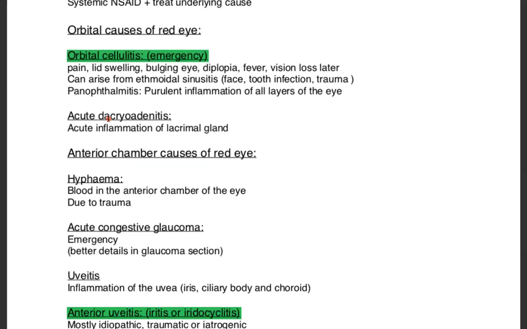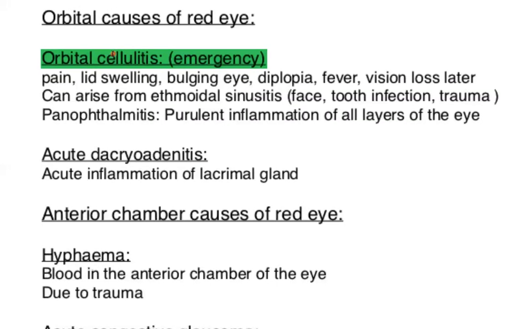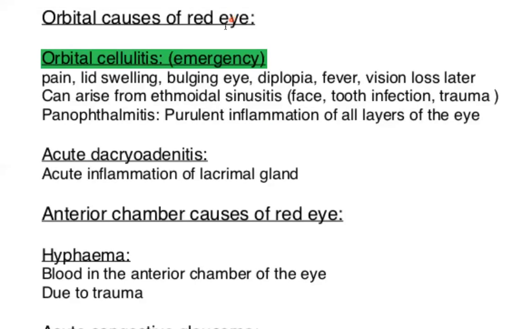Orbital causes. So the orbit, the full eye يكون فيها مشكلة. عندنا orbital cellulitis, super important. ليه it's super important? And this is one of those emergencies. تمام. It's an eye emergency.